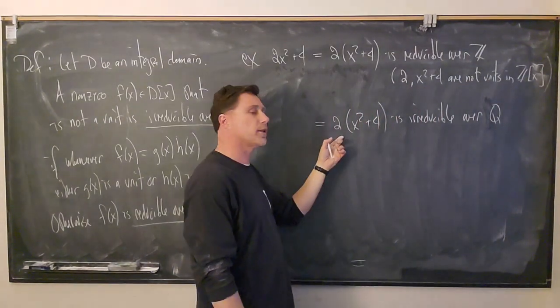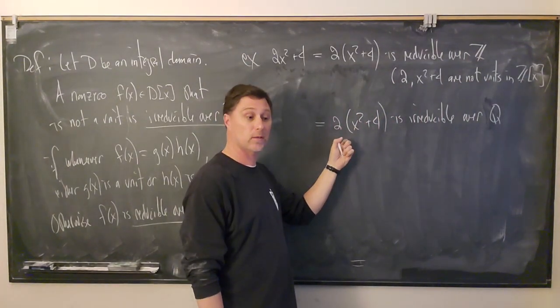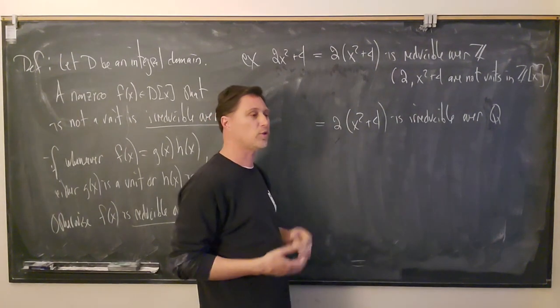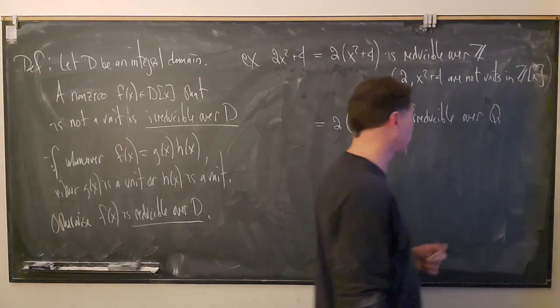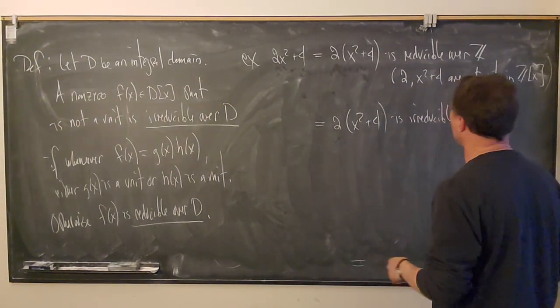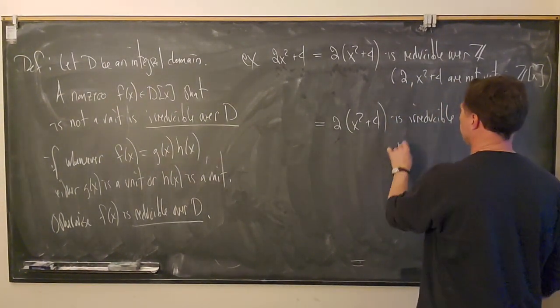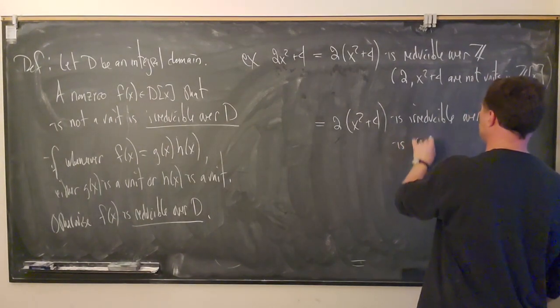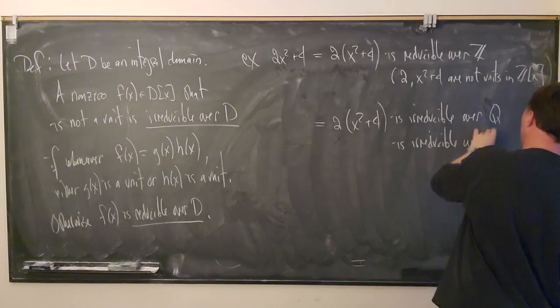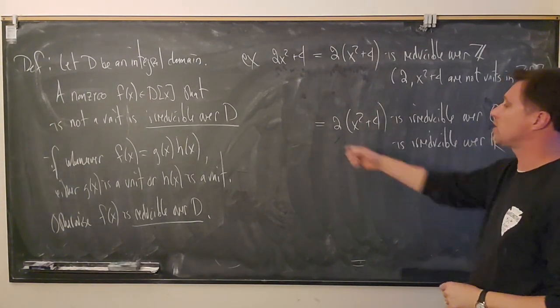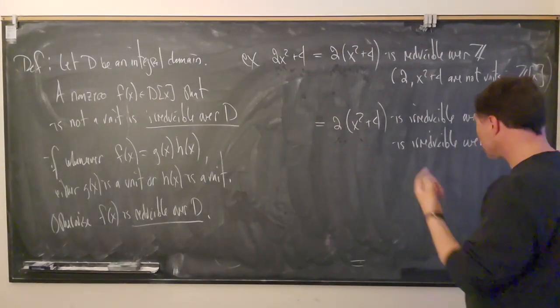All you did was pull a 2 out. That's easy, and it's a unit. We don't care about pulling units out. You can always pull units out, and that's not an interesting way of factoring the polynomial. So this is also irreducible over R for the same reason. 2 is a unit of R bracket x.